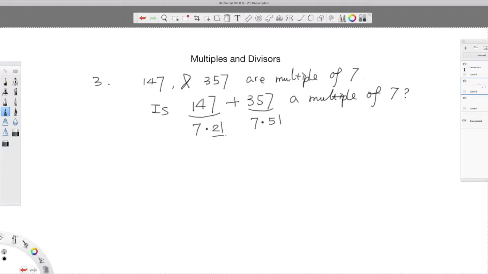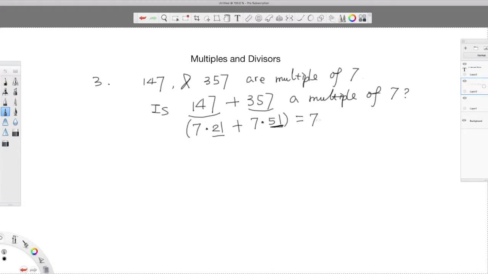The fact what those two numbers are is not really important. The important thing is 147 can be represented as 7 times something, an integer, and 357 is also 7 times something. By the definition, they are both multiples of 7. So now if you add them up, remember that we have the distributive law.